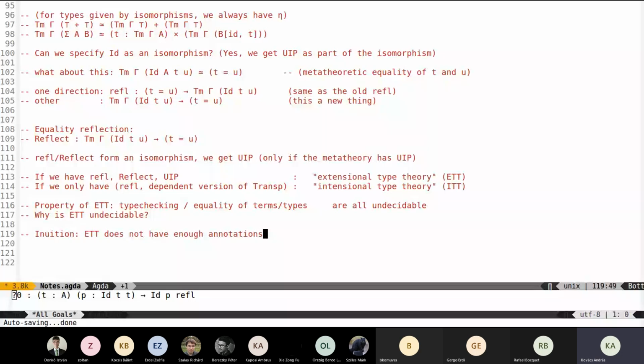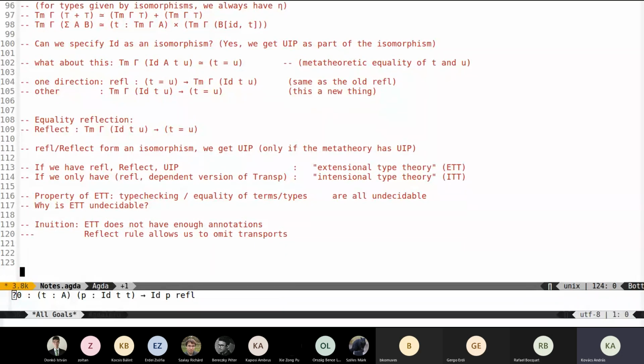So it becomes an undecidable problem because too much information is missing. And in some sense, ETT has a similar problem, because the reflection rule in ETT allows us to essentially omit transports.